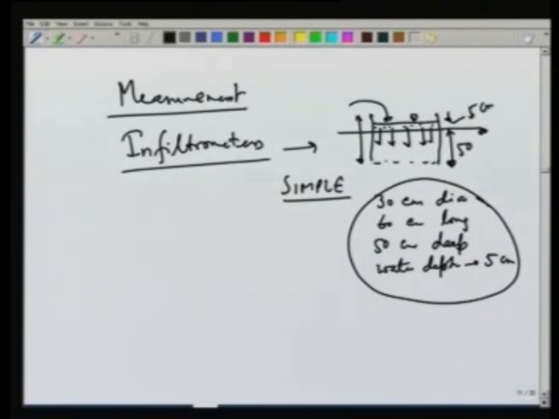The problem with this ring is that near the edges the flow is not vertical. So, the area of the ring will not represent the area of the flow typically because of this behavior.